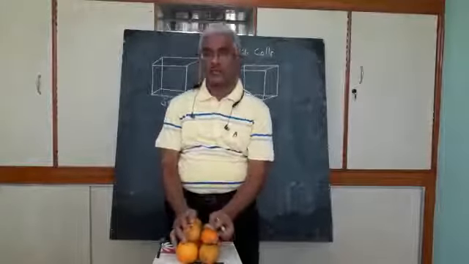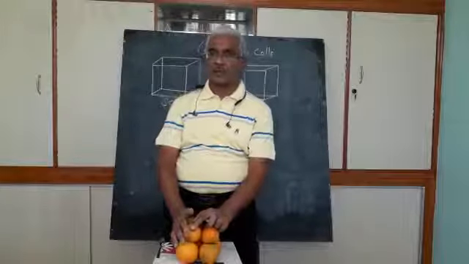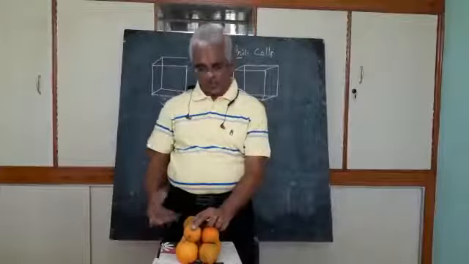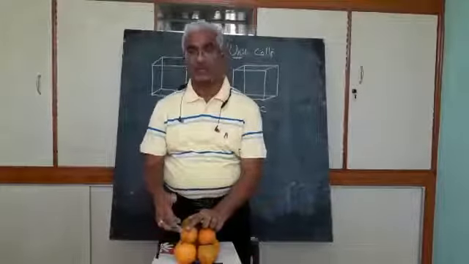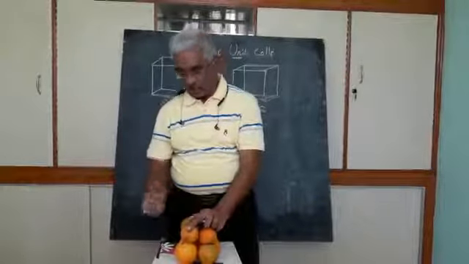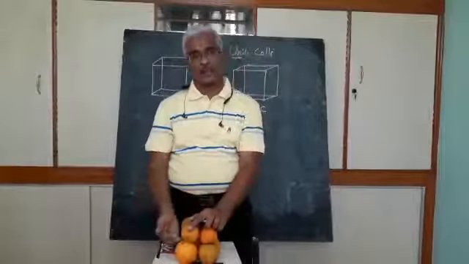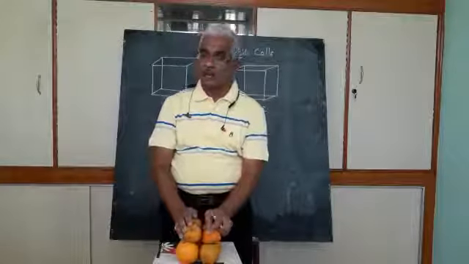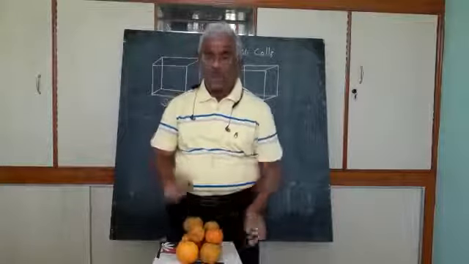So these 8 atoms constitute a cubic arrangement. How? If you observe from this front side, you have one square, back side square, right side one square, left side one square, bottom one square. So we have totally 8 atoms. They are enclosed in a square arrangement.